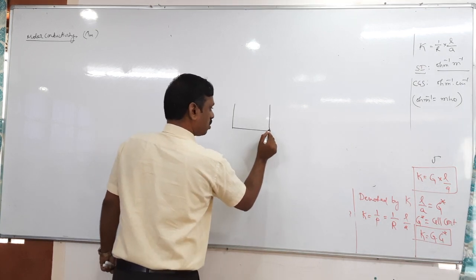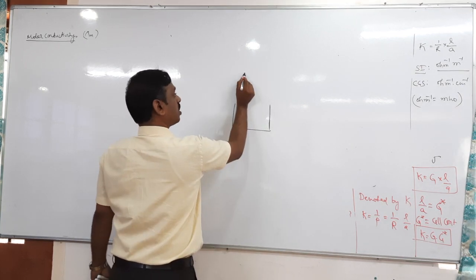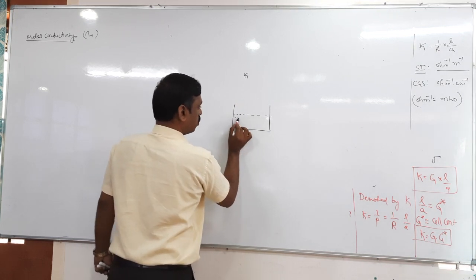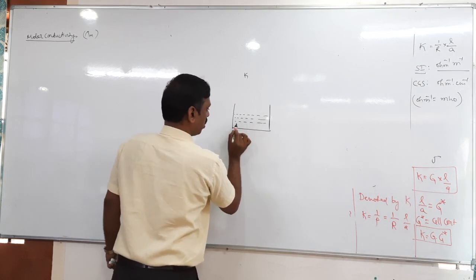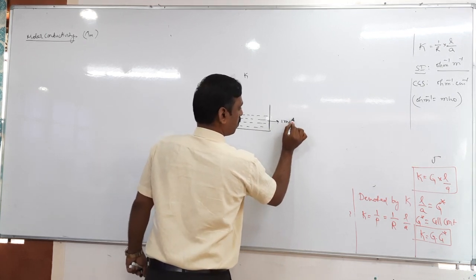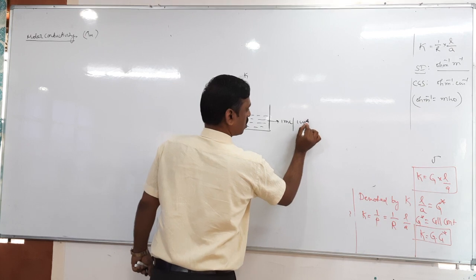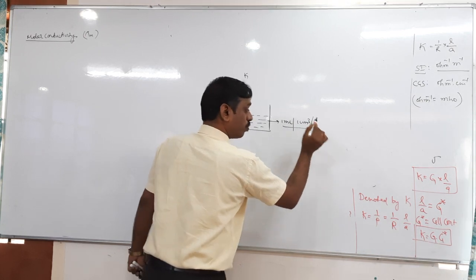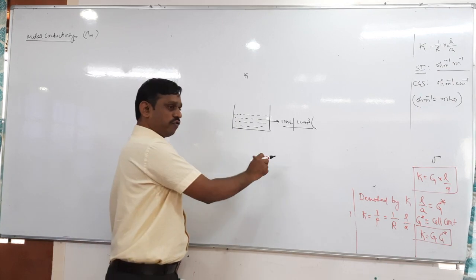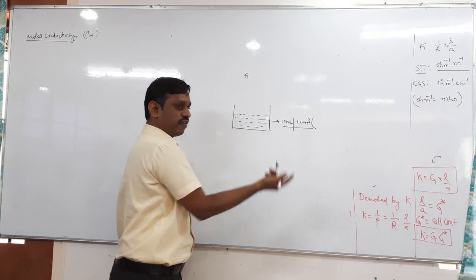See, in conductivity K, we take the volume as fixed. How much volume do we take here? 1 ml or 1 cubic centimeter, or 1 unit volume. So take 1 ml of electrolyte, 1 cubic centimeter of electrolyte.